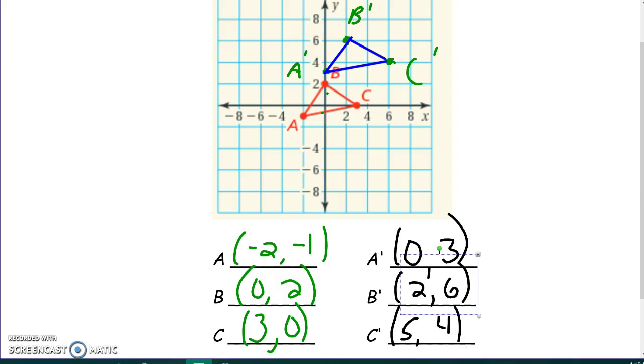Although that's where we have an interesting dilemma. We don't have it at 5, 4, we have it at 6, 4, which means that when I originally moved it over, I moved it over 3 units. Oops. So that's a mistake instead of 2, so we can fix that.